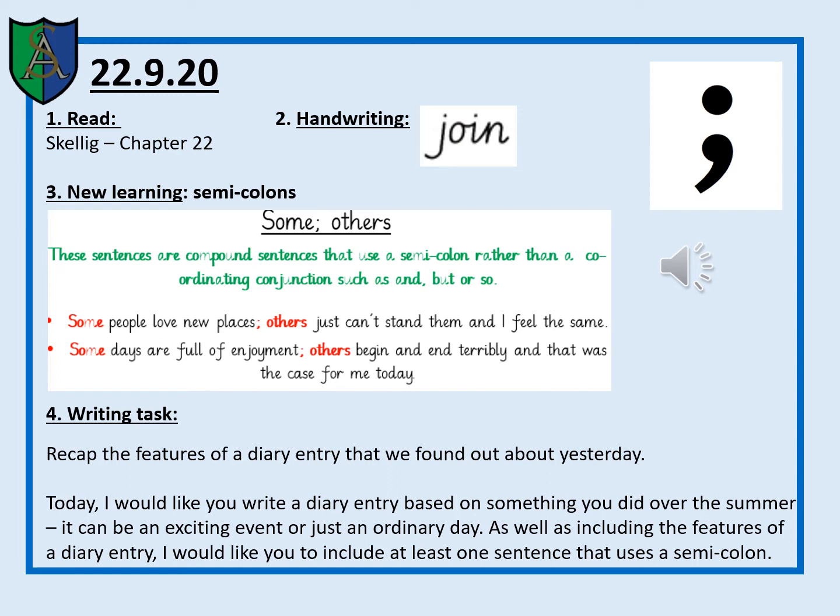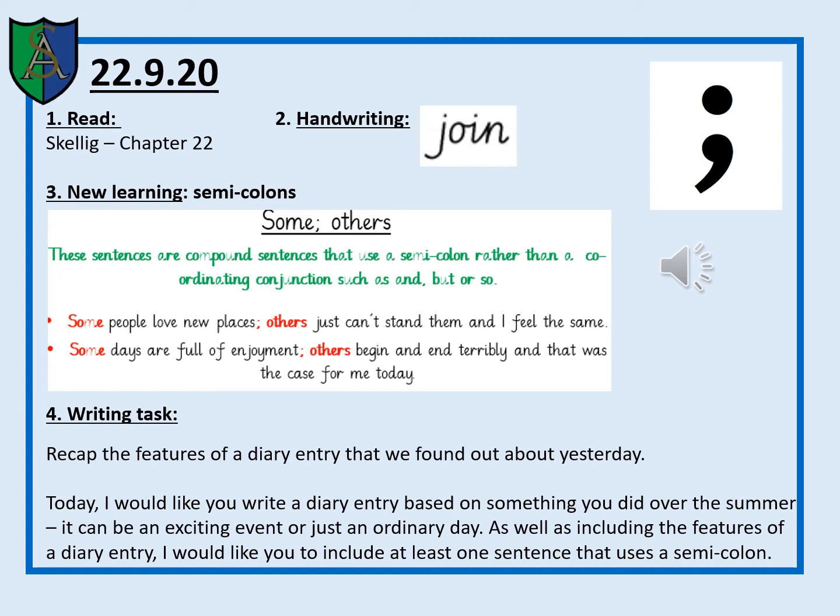If you need more of a reminder, flick back to yesterday's slide and they're there for you. Today, I want you to write a diary entry based on something that you did over the summer. It can be a really exciting event or just an ordinary day. It doesn't matter, it's totally up to you. It's not really a big deal which day you choose to write about. It's how you structure your writing today that we're going to be looking at.